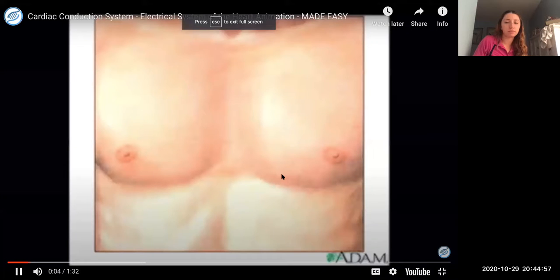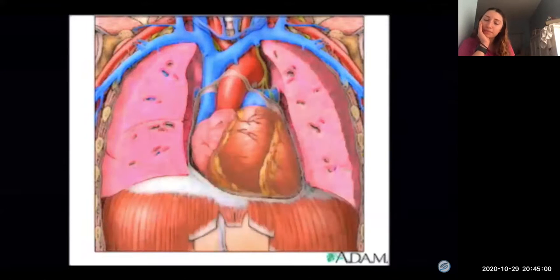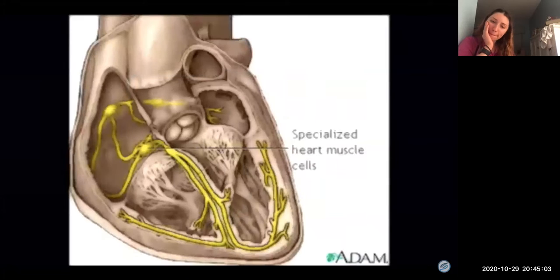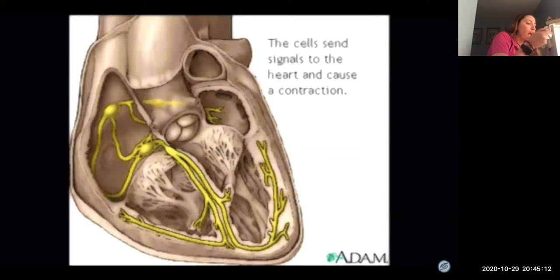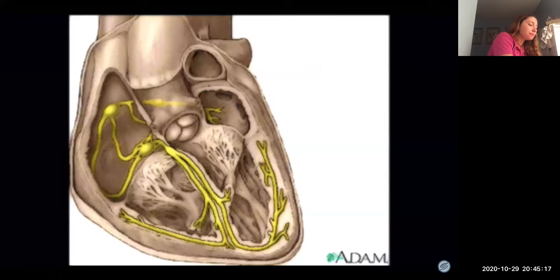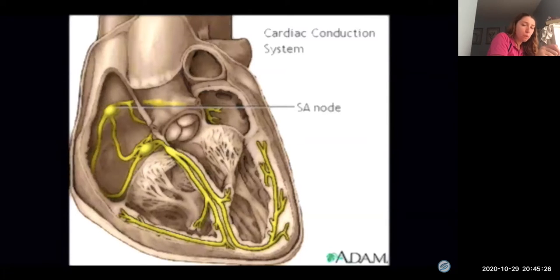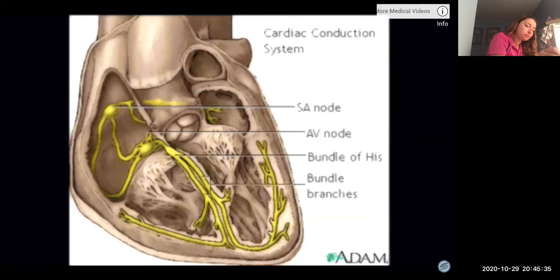Let's take a closer look inside the heart. The yellow objects you see on the left are not nerves. They're actually specialized cardiac muscle cells in the walls of the heart. Their job is to send signals to the rest of the heart muscle and cause a contraction. Together, this group of cells is called the cardiac conduction system. The main components are the SA node, AV node, bundle of His, bundle branches, and Purkinje fibers.